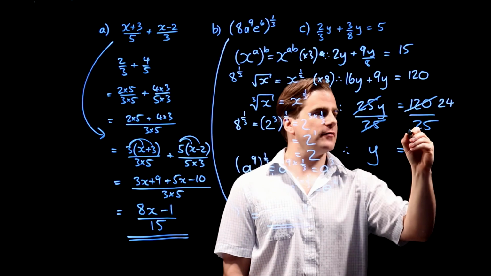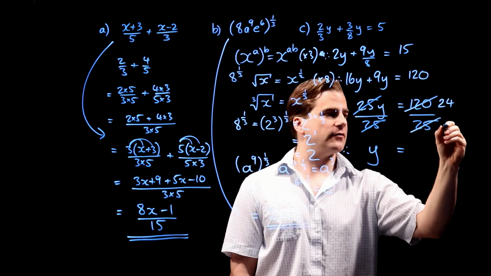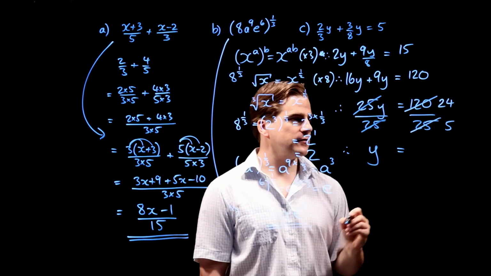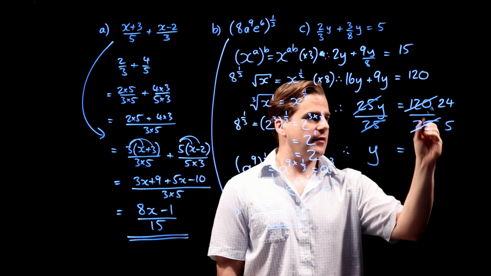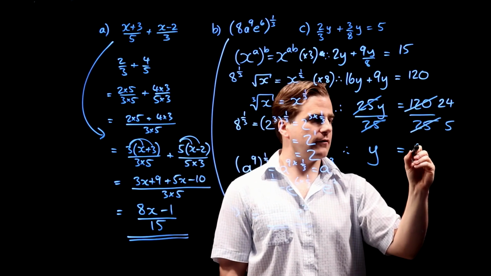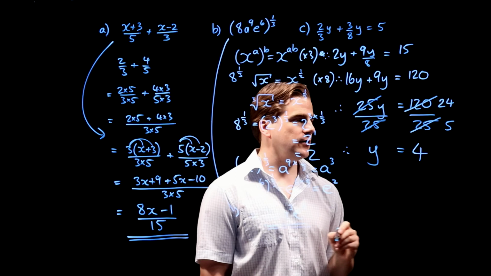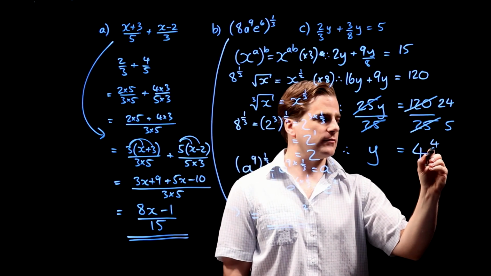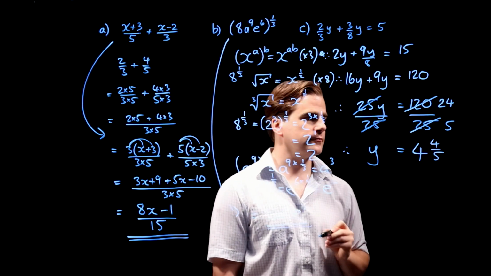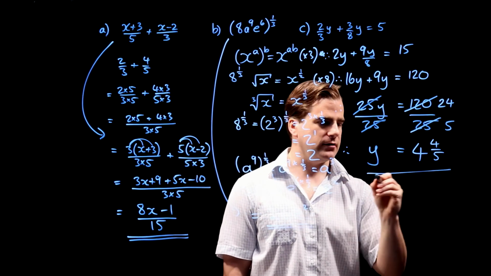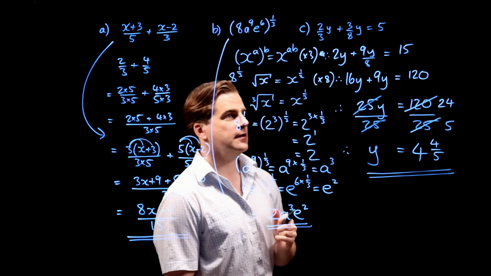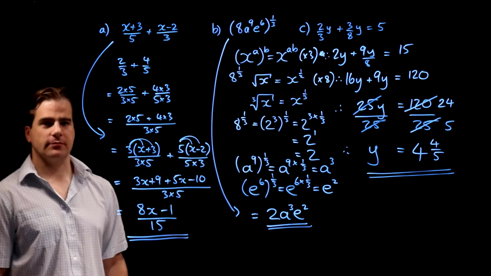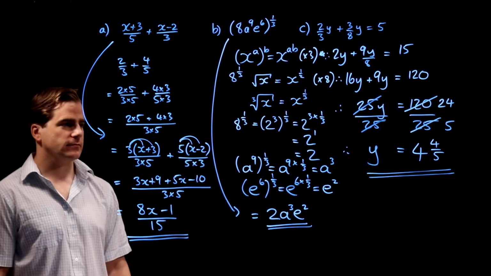Yeah, that's right. 5 into 25 is 5. So it becomes 24 over 5. 5 goes into 24 4 times, remainder of 4. So that's it. y is 4 and 4/5. There we are.